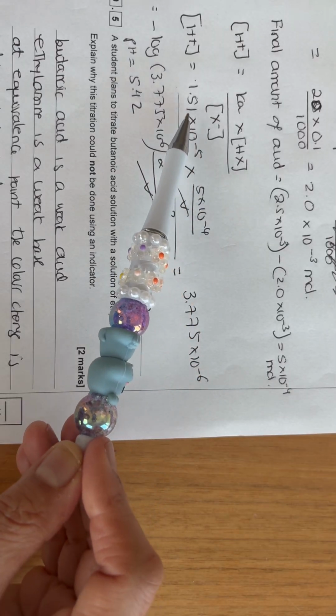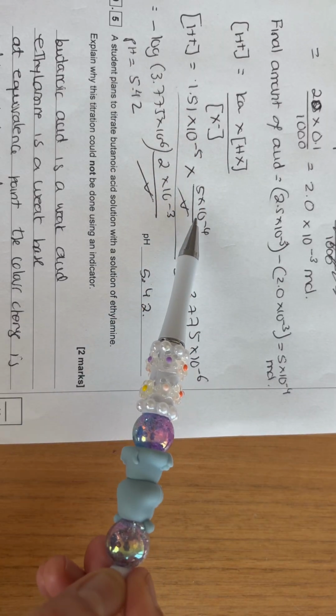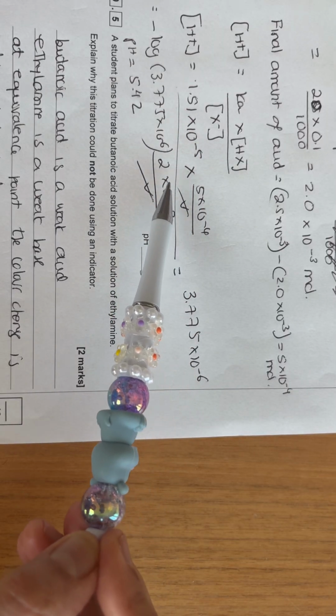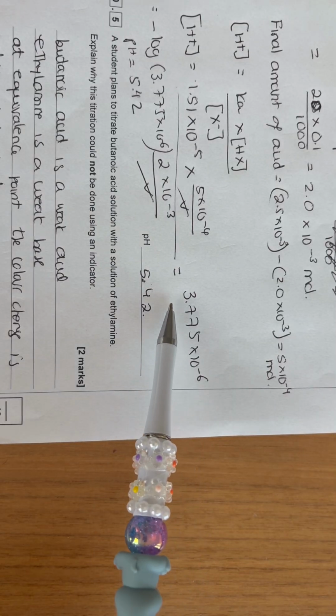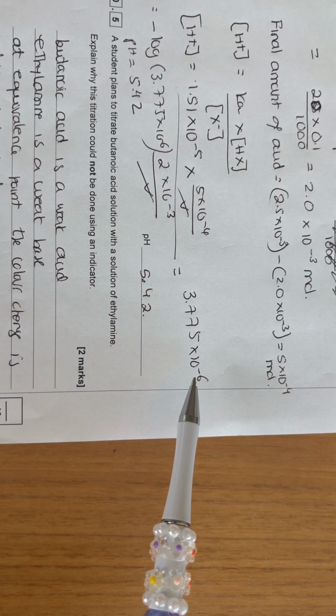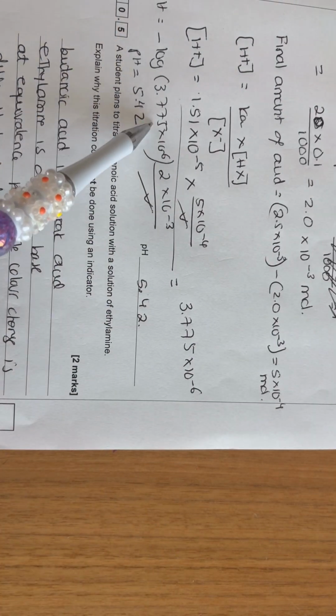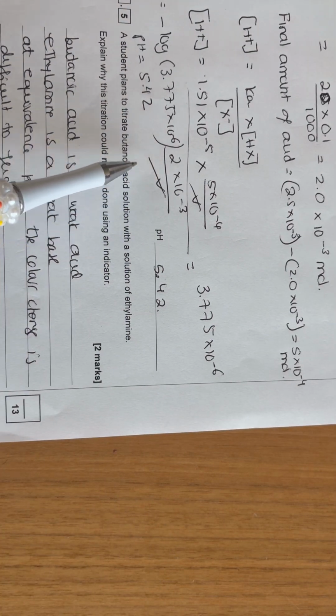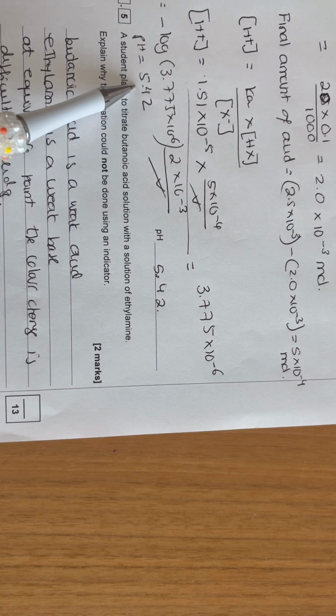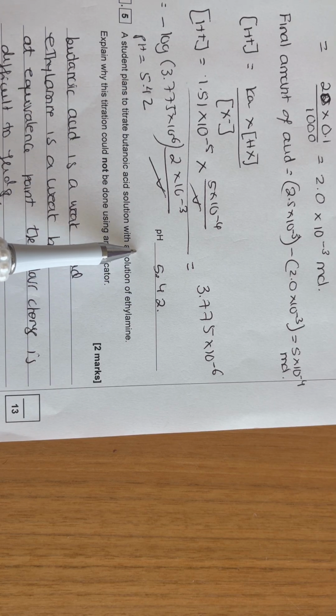So 1.51 times 10 to the minus 5 times 5 times 10 to the minus 4 divided by 2 times 10 to the minus 3 gives you 3.775 times 10 to the minus 6. So the pH is minus log of that value, which gives pH equals 5.42. Okay, so the pH of that is 5.42.